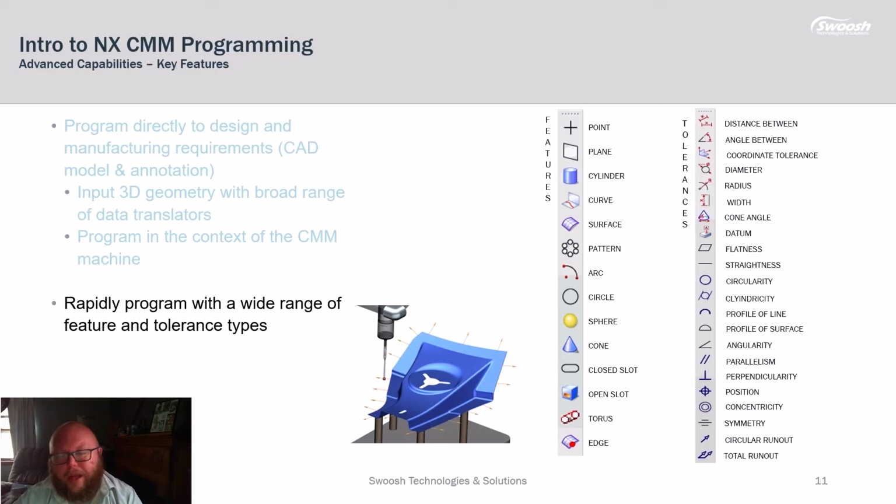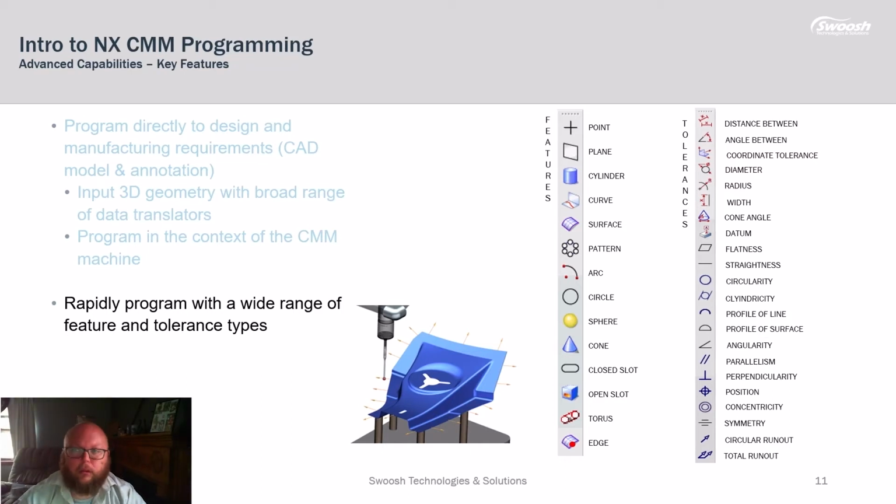So I spoke a lot about using PMI data. That's a great way to really reduce time in how you program. But we don't always have that. Maybe we work with customer data, and some customers don't provide PMI information. They still give you a two-dimensional print. That's okay.